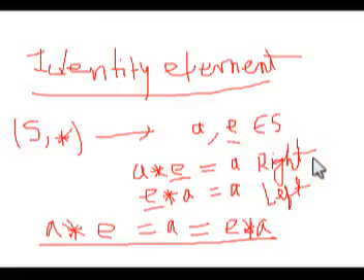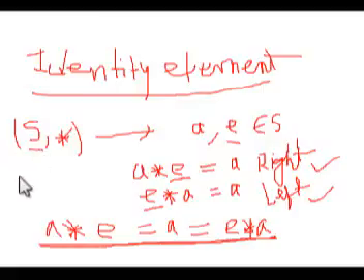Otherwise, if it is not clearly written, then you have to say right identity element or left identity element. You cannot always get right and left identity elements equal. It can happen that the right identity element and left identity element differ. So you need to know that the two cases must be satisfied. Then we can call E the identity element of the set S.